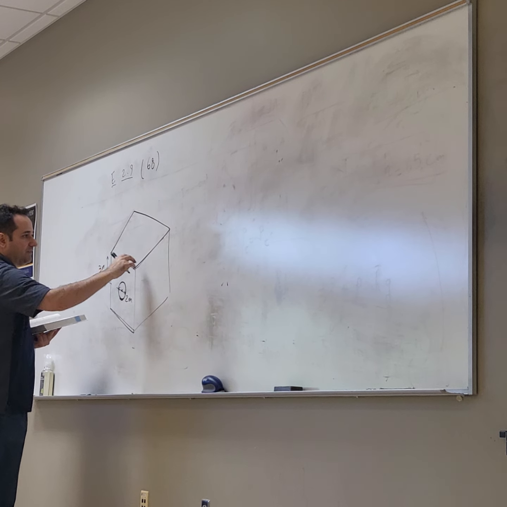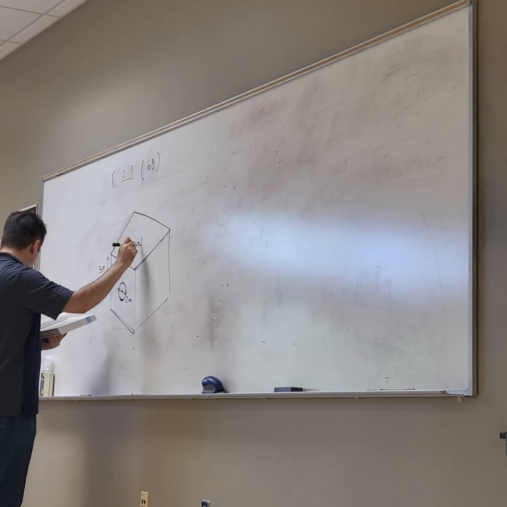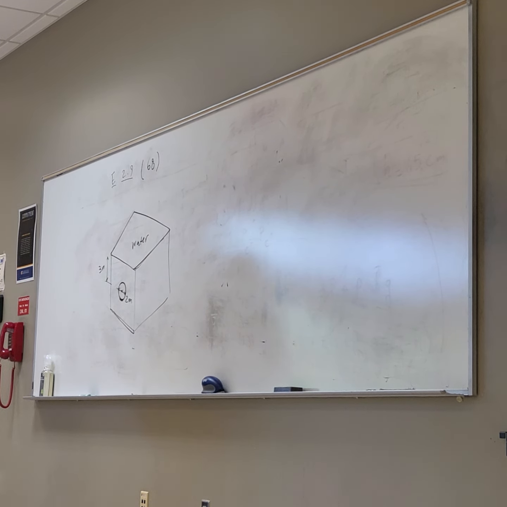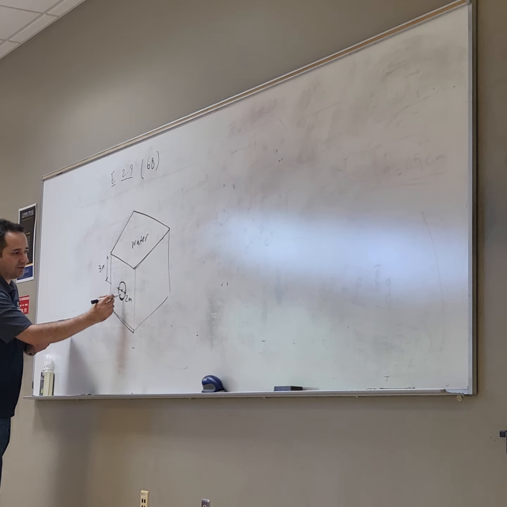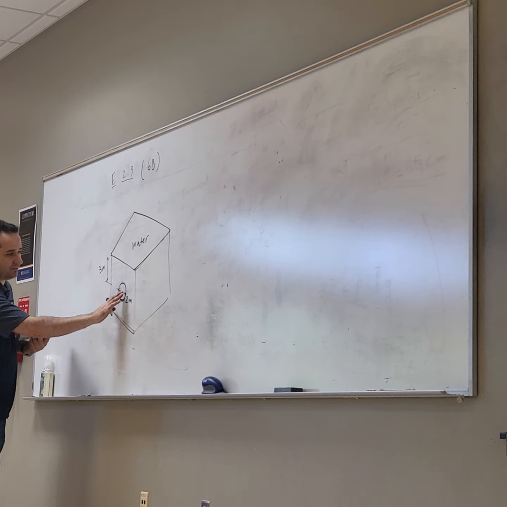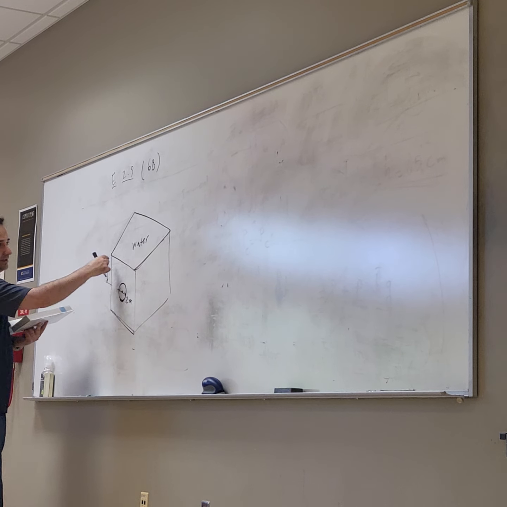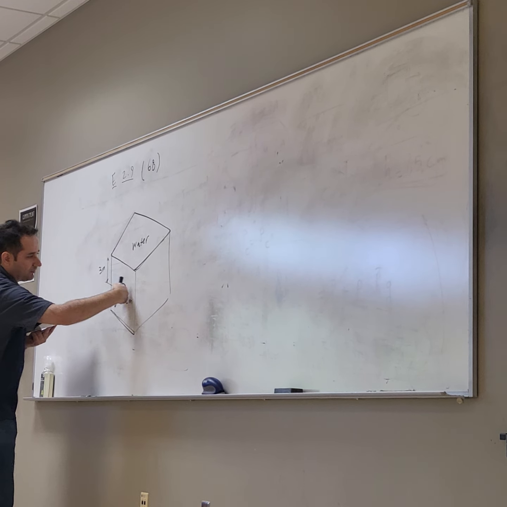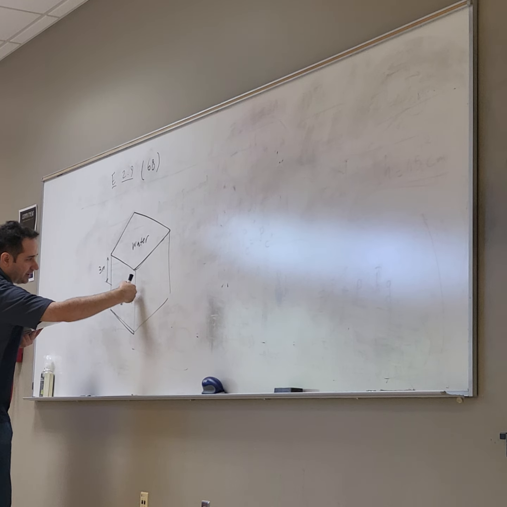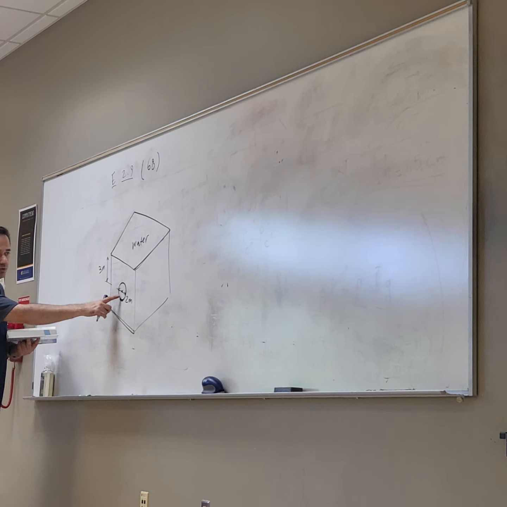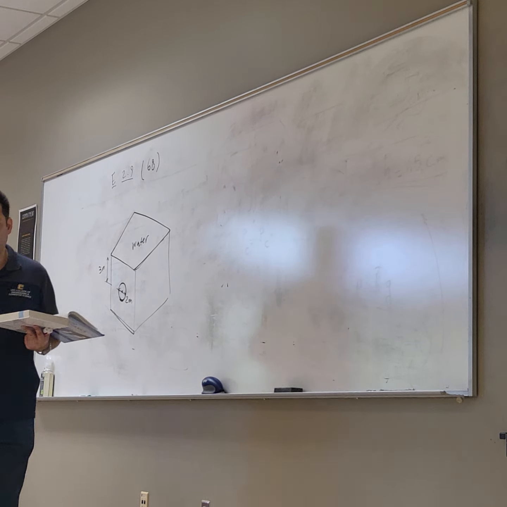The entire thing is filled with water, and you want to find the force acting on this window. This is made of glass. If you fill it with water, there is some force coming from the water and pushing it out, right? If you have too much water, it's going to break it. We want to find the magnitude of the force acting on that window.